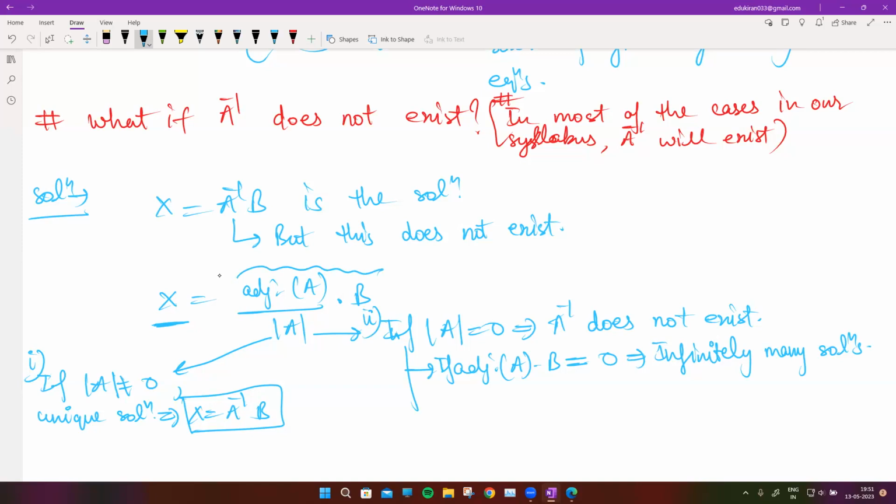If this numerator part is 0, then the 0 by 0 answer is infinitely many solutions. If this multiplication is not equal to 0, then imagine this. This is some multiplication, and it will have some value, some matrix actually. There will be some matrix, the multiplication of both of these, and then there will be 0 in the denominator.